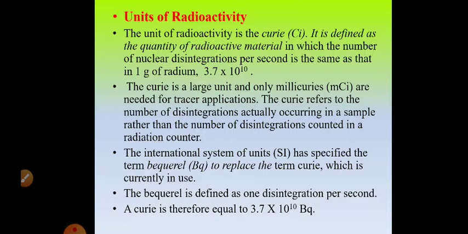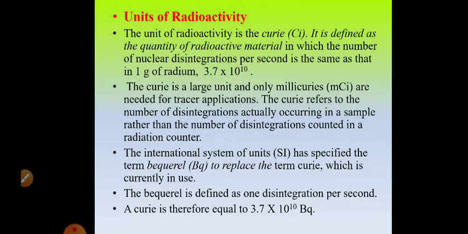Now the Curie is a large unit, and hence another unit was introduced called the millicurie. Only millicuries are needed for tracer application. Curie is a large unit. Actually, the requirement of radioactive isotope in tracer application is generally in a very small amount, so it is represented by millicurie.